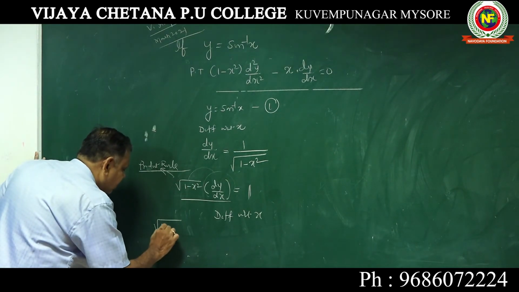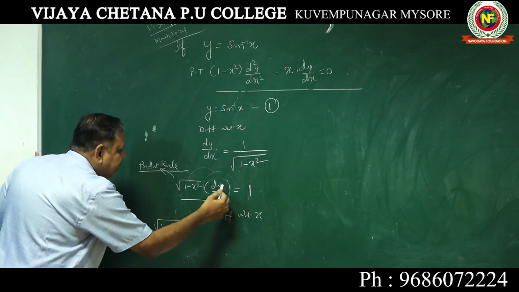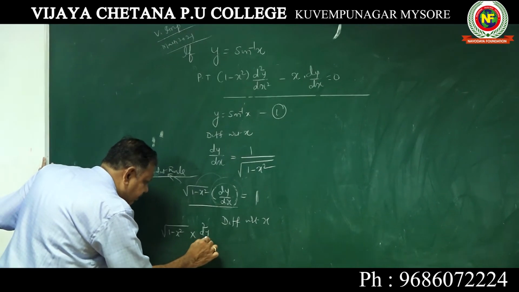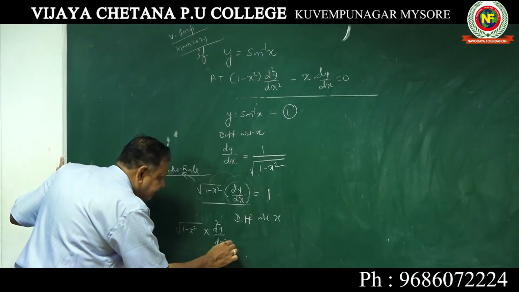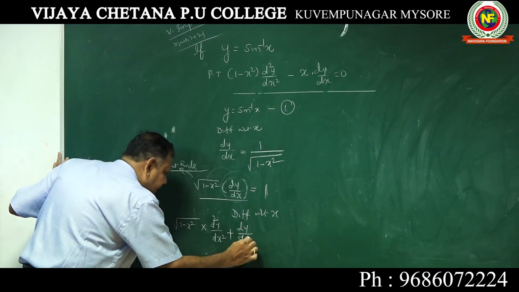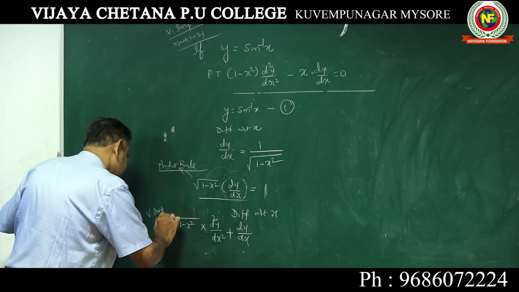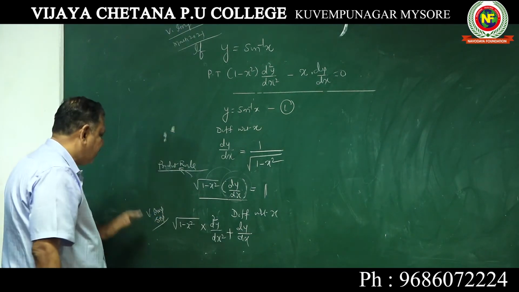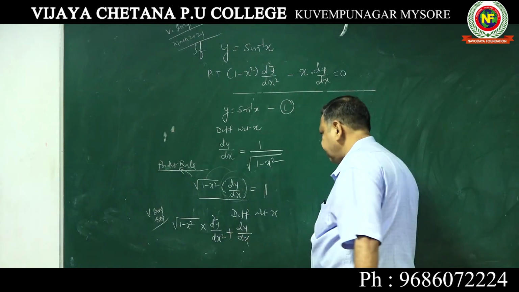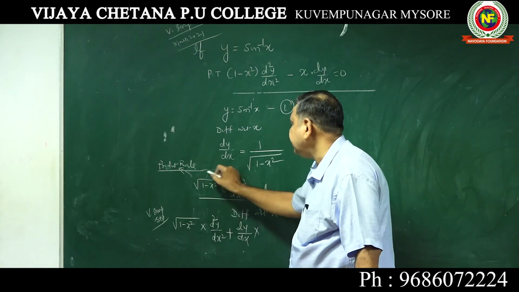First step is root of 1 minus x square into d by dx of dy by dx, which is nothing but d square y over dx square, plus dy by dx into d by dx of root of 1 minus x square.